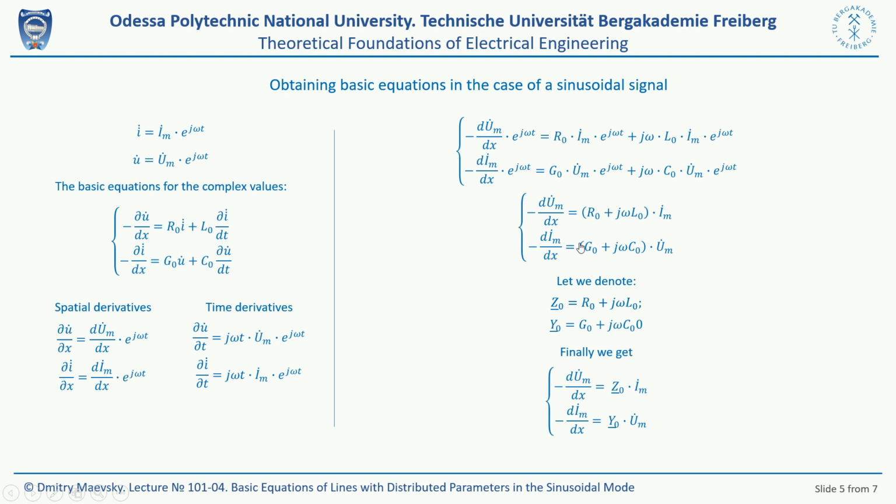Let us designate the sum R0 plus j omega L0 as Z0 in this system, and the sum g0 plus j omega C0 as Y0, and we finally can obtain such a system.